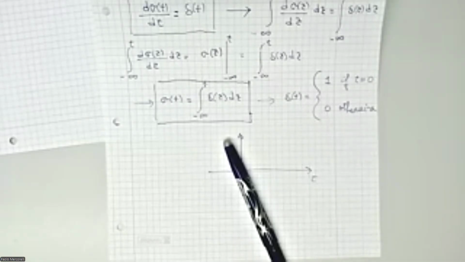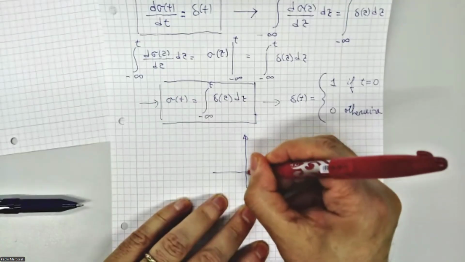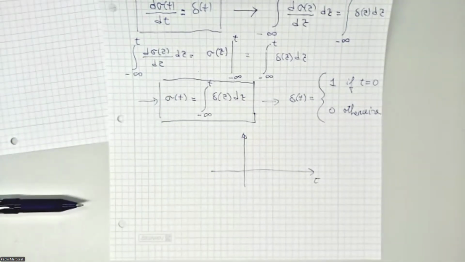Let me see if I have another color to write better. I come back. It could be. I hope that I can write with this. I don't have it, let me see if I find another one.